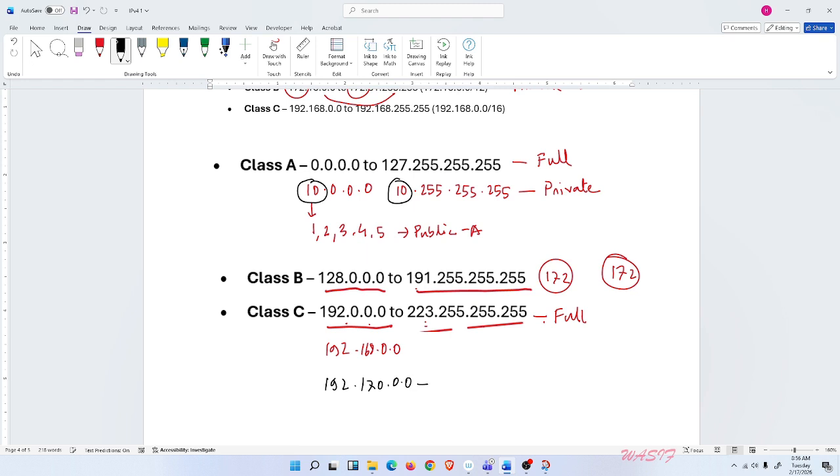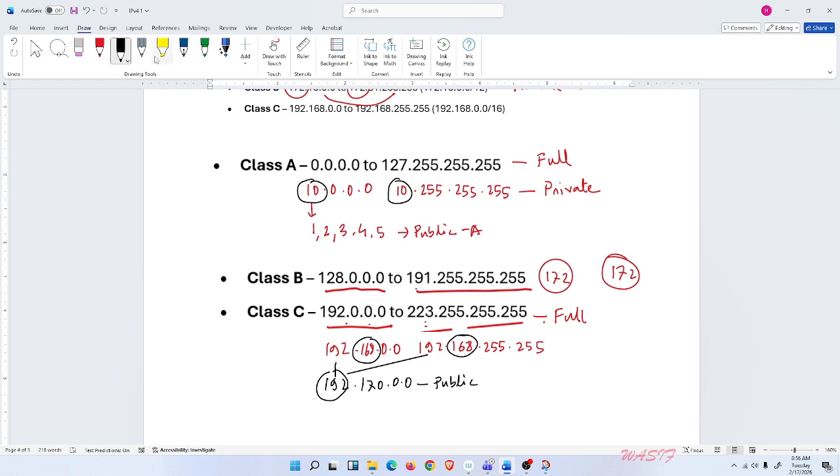192.170.0.0, this is not private. This becomes public. Why is this public? Now there is a question here. We didn't write the end one, so you might get confused. So the end one is 192.168.255.255. If you look here very carefully, the first portion matched: 192, yes, 192 match. 168 and 168.